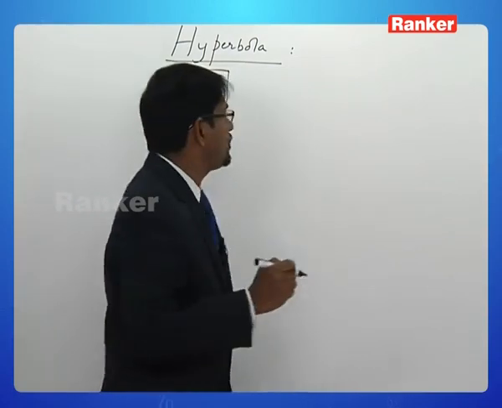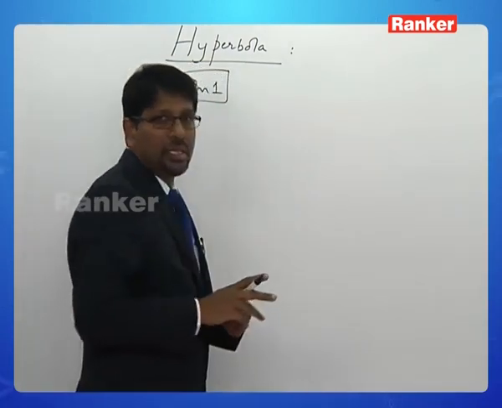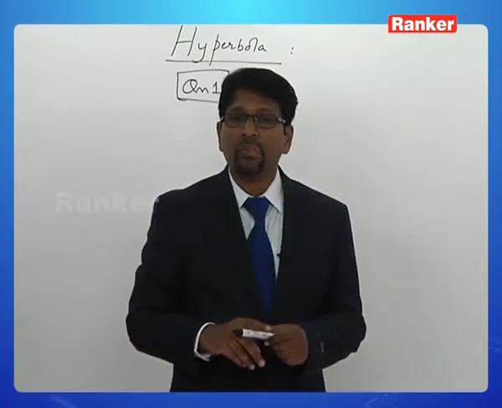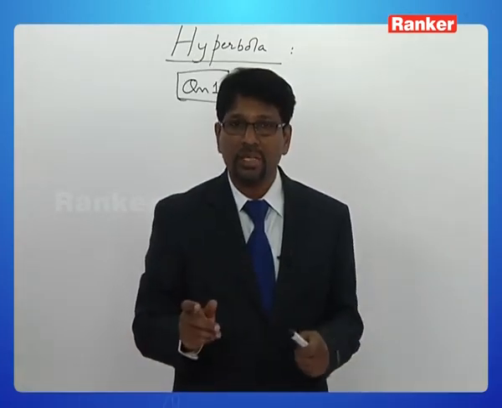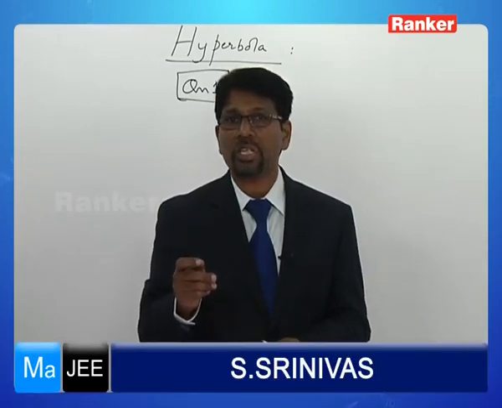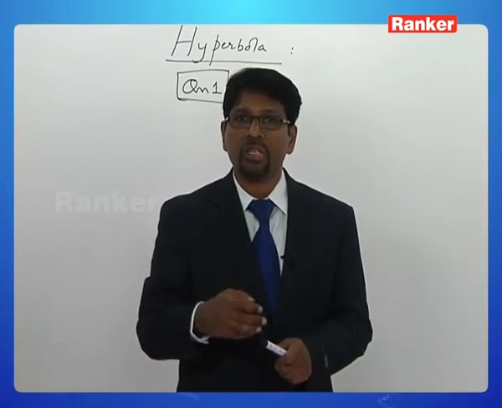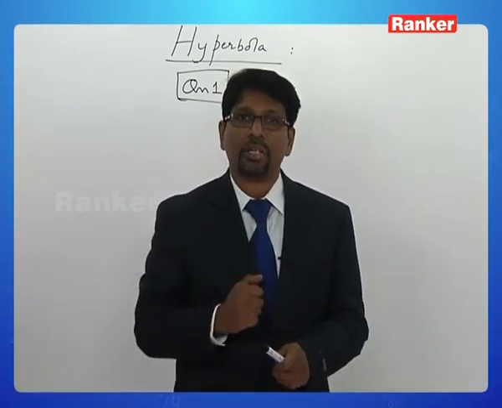We know that a conic section is nothing but the locus of a point P so that its distance from a fixed point bears a constant ratio with a distance from a fixed straight line. That fixed point is the focus and the fixed straight line is the directrix.